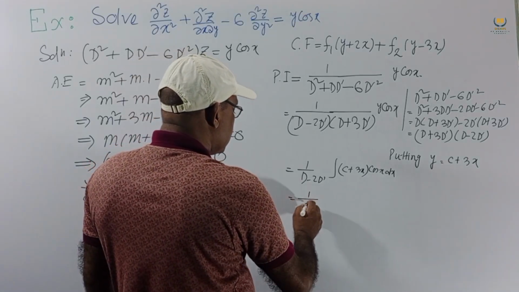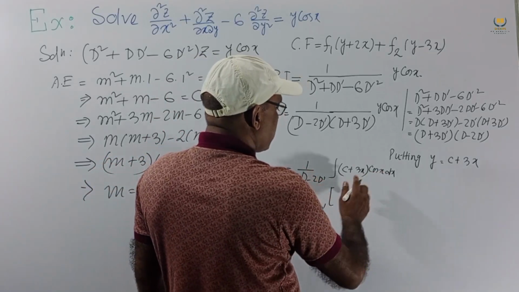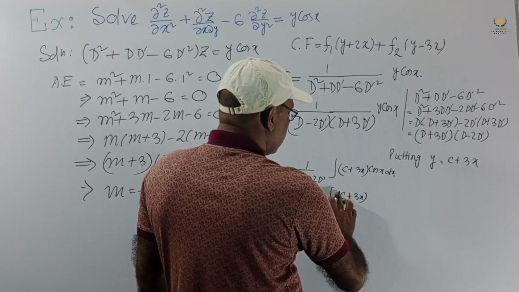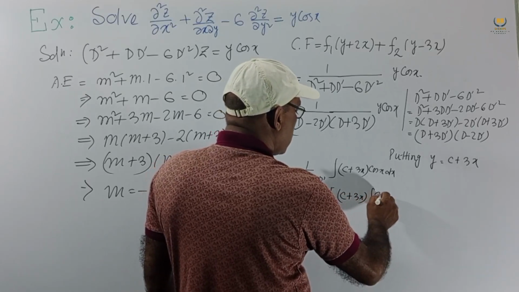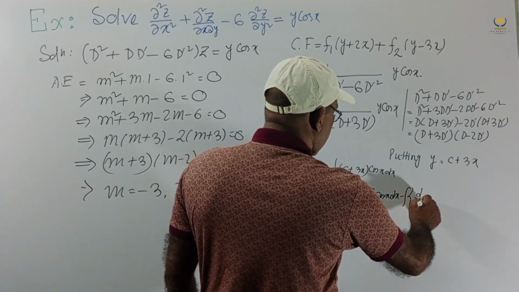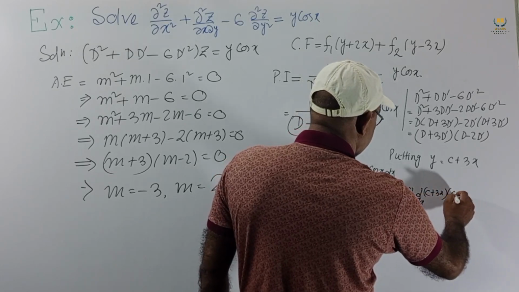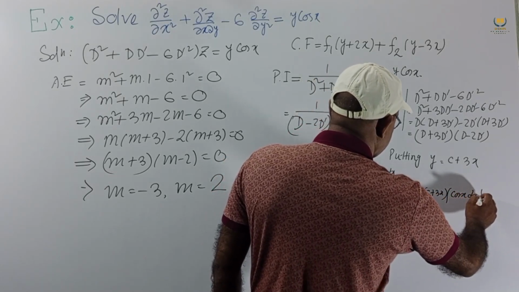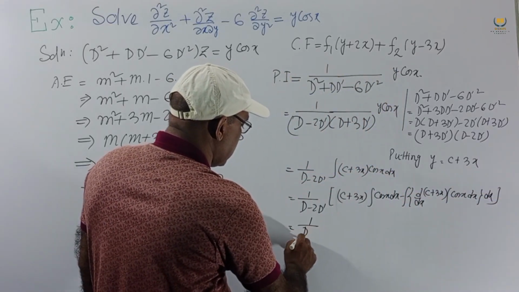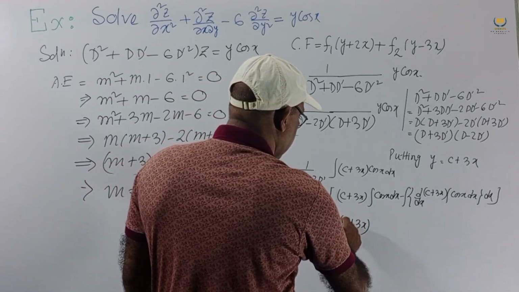If we integrate this by parts, first function, second function: first function times the integration of cos x dx, which is the second function, minus the integration of d/dx of the first function times the integration of the second function, dx. So this is 1 by (D - 2D') (c + 3x) sin x.